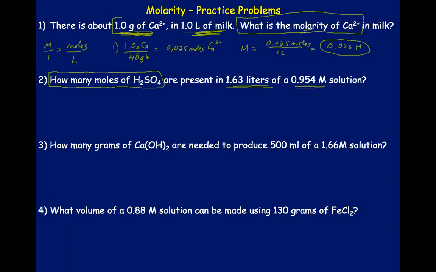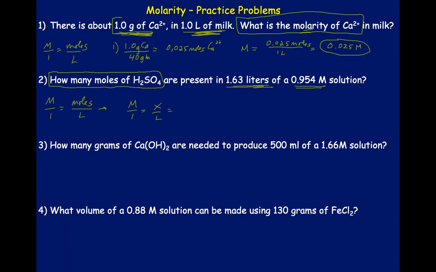If I look at my formula, molarity over 1 equals moles over liters, I'm looking for moles. I do have liters, which matches my equation, and I'm given molarity, which matches my equation. So this is really molarity over 1 is going to be X over liters. If I just rearrange my formula, I could do it that way, or I could just leave it.